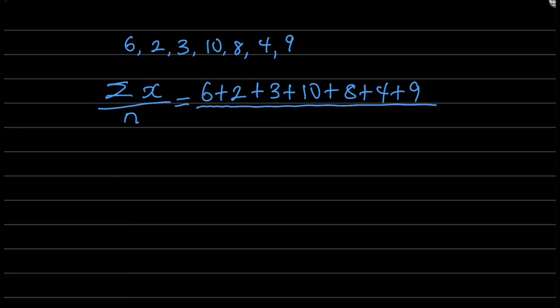What is n? I said n simply means the number of data points that you have in your data set. We have 1, 2, 3, 4, 5, 6, 7. So altogether we have 7 data points in our data set. So we'll be dividing by 7.